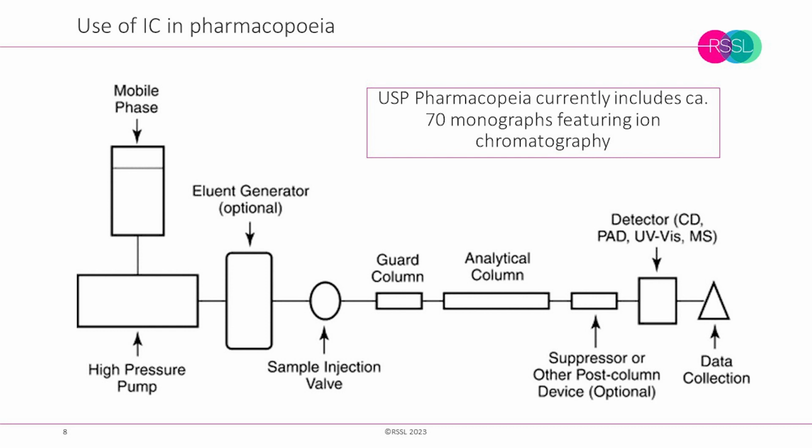In addition to suppressed conductivity detection, the ion exchange separation can be coupled to other detection strategies, including pulsed amperometric detection, UV absorbance, and mass spectrometric detection, providing a wide range of analyte sensitivity and specificity. The wide range of IC detection methods makes IC applicable to the quantification of trace contaminants as well as major product components in the same run.